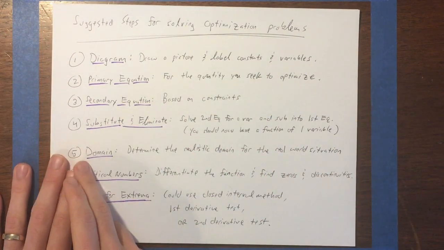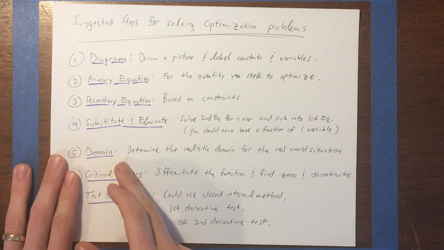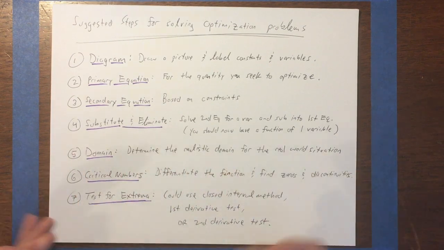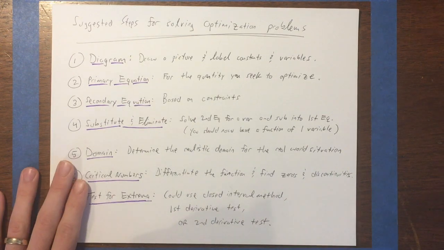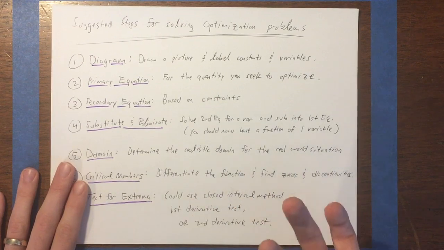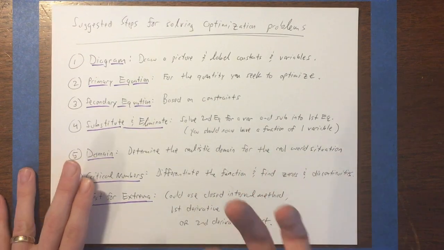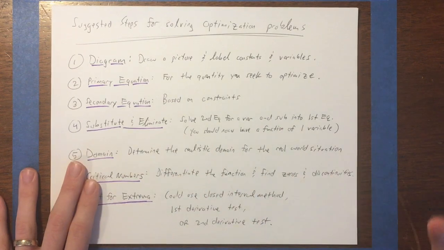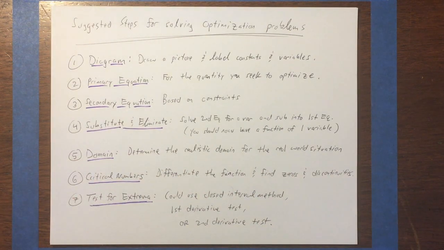Now you want to, step 5, determine the domain of that function, right? This is where you need to do some realistic, sort of common sense thinking. What is the minimum value that this variable, my now independent variable that I have left over after the elimination, what is the smallest value of that variable and what is the biggest value of that variable? Reasonably, right? Like what's in the real world, what would be the smallest and largest value? You get yourself a domain.